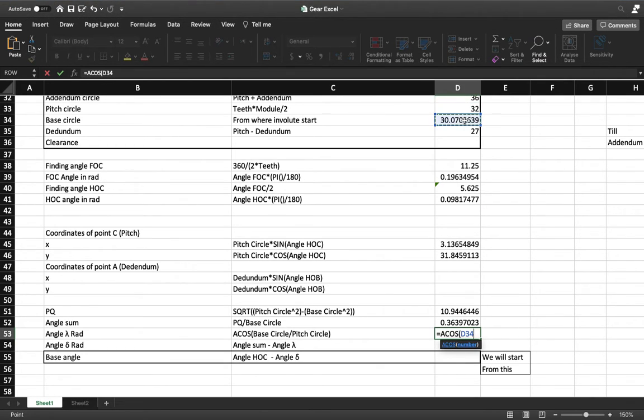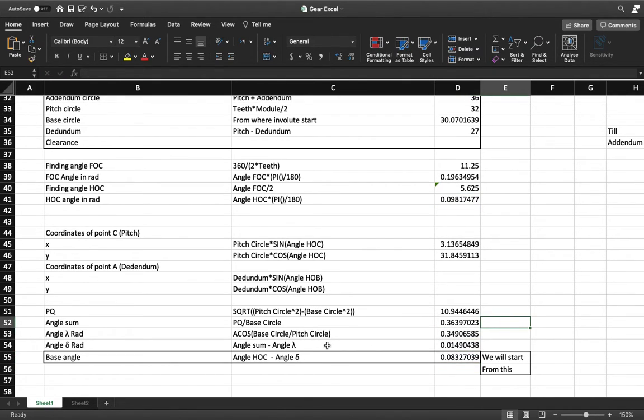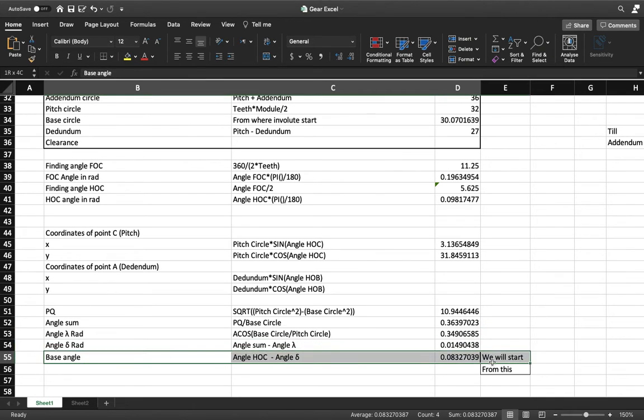Base circle divided by pitch. The angle sum minus rod, and the end is the angle HOC. I'm sorry, this one. Radians divided by this. This is the most important thing, the base circle.